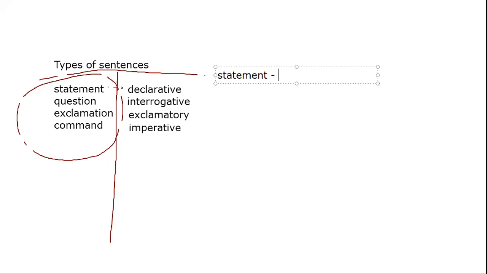A statement is a sentence that tells something. So basically, if it's a statement, you're telling somebody something or somebody is telling you something.